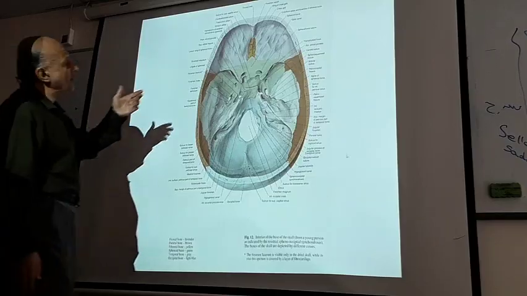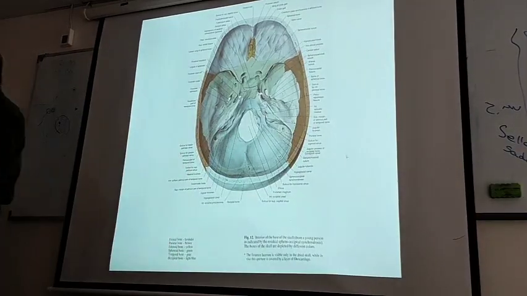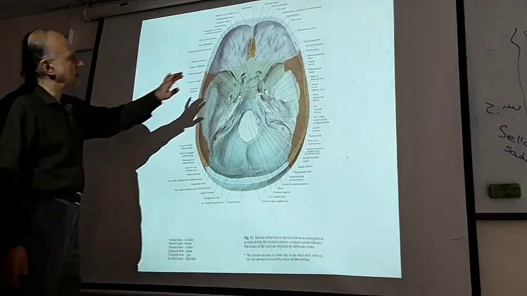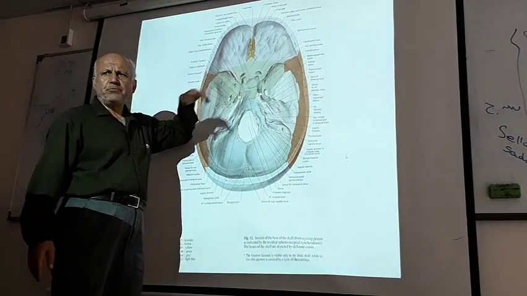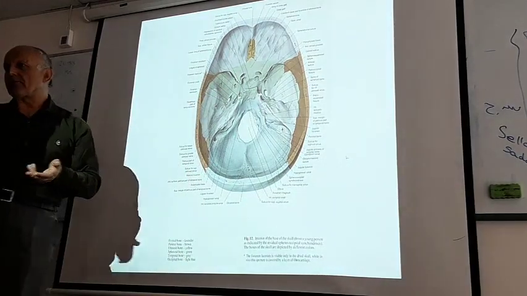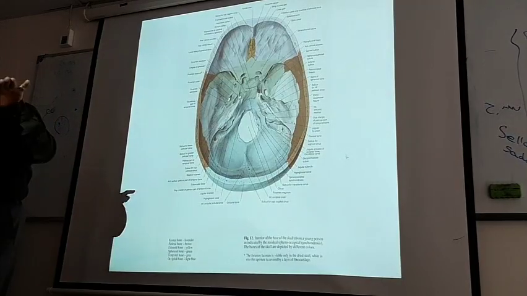Another surface that you can see in another figure is the inferior surface. That is the roof of the orbit, called the orbital surface. Thus, the lesser wing has two surfaces, the superior or cerebral surface and the inferior or orbital surface. This is one of the parts of the roof of the orbit.